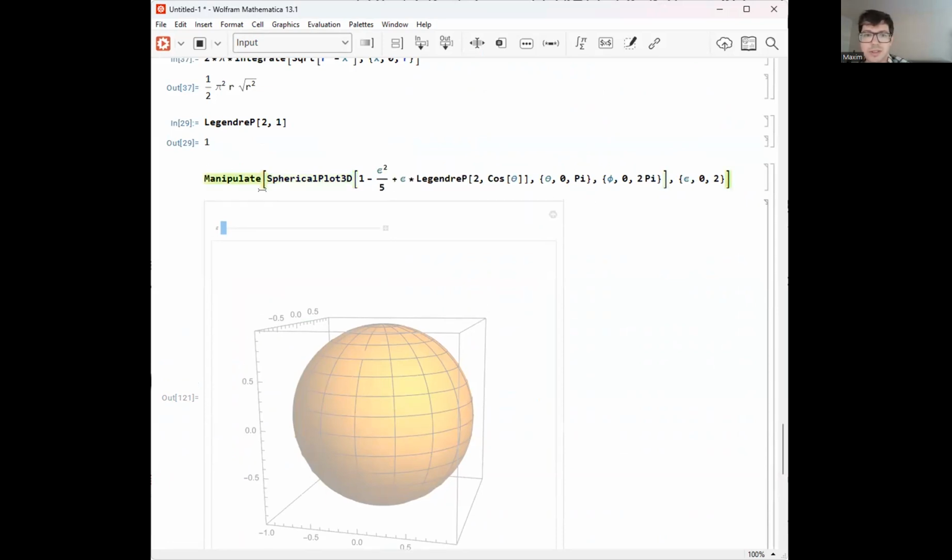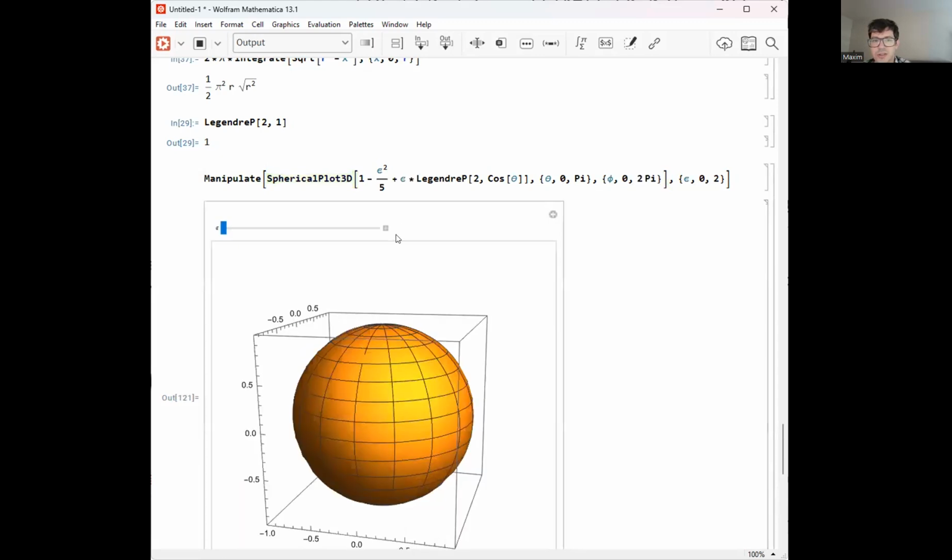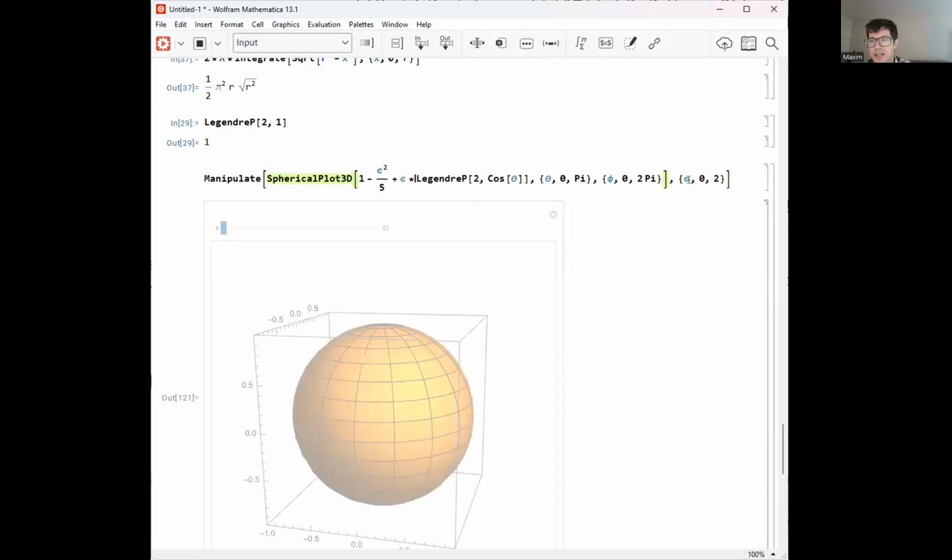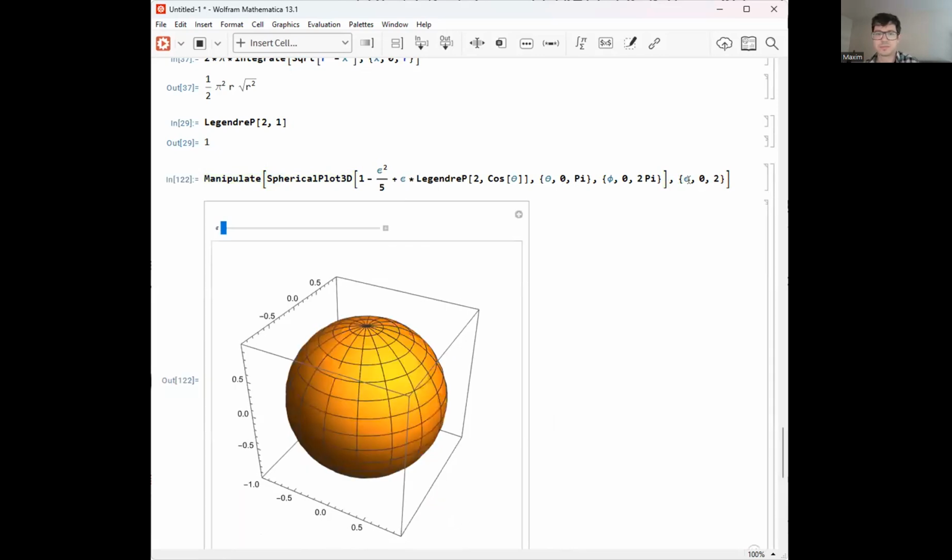And let's see what happens. So this is the radial coordinate, and it depends on just this angle theta. And this is the azimuthal angle. It goes around from 0 to 2 pi. It's symmetric around here. So you get this kind of surface. And let's let epsilon vary from 0 to 2, although we know that we don't really expect this to work well except for small epsilon.